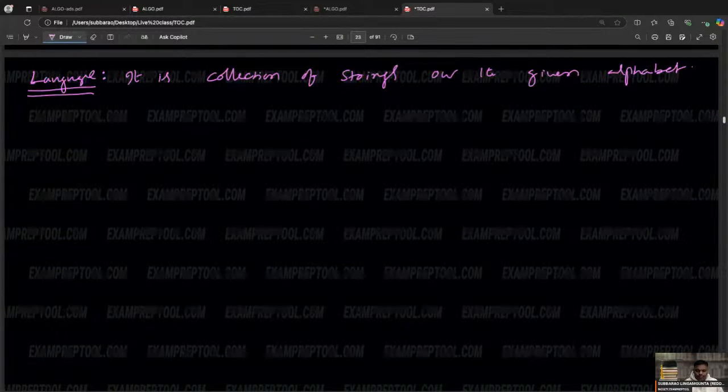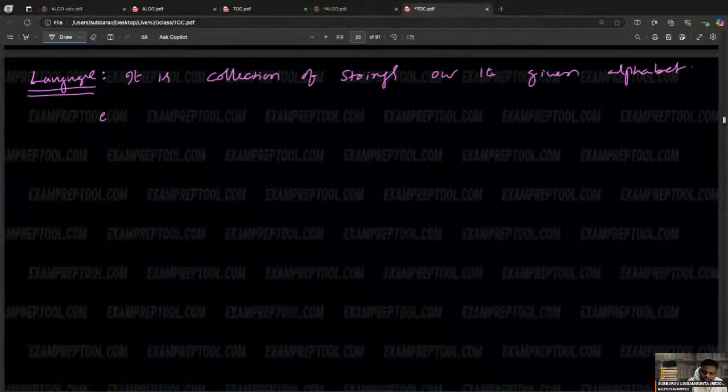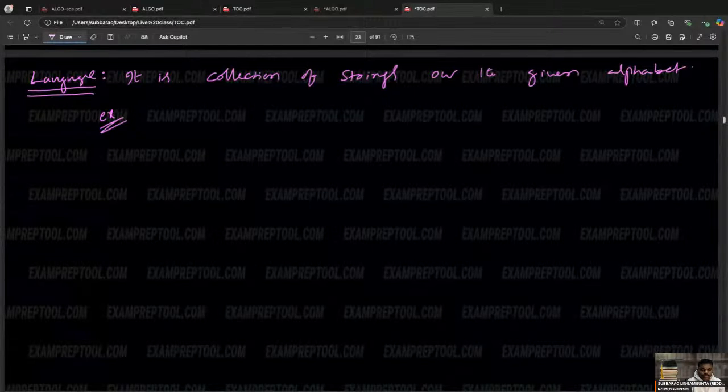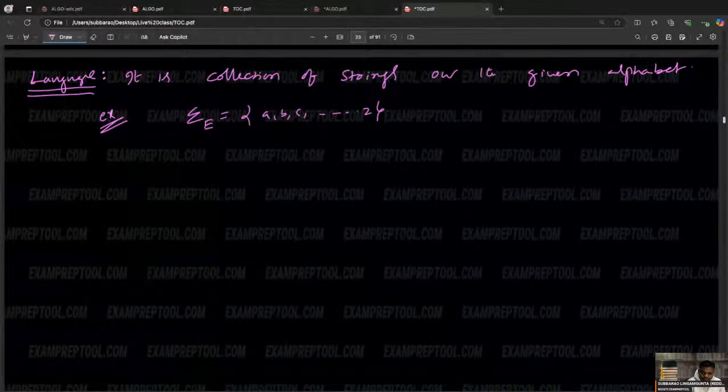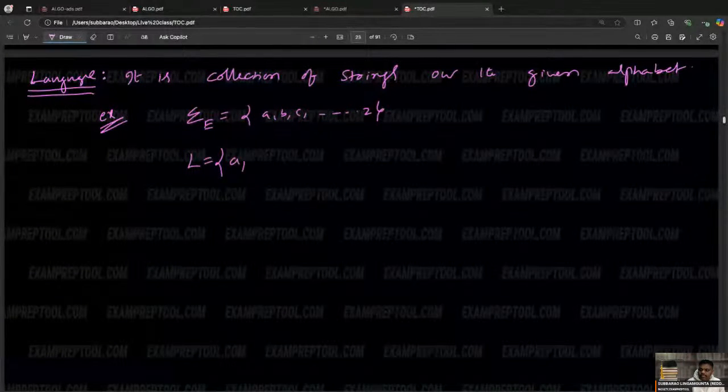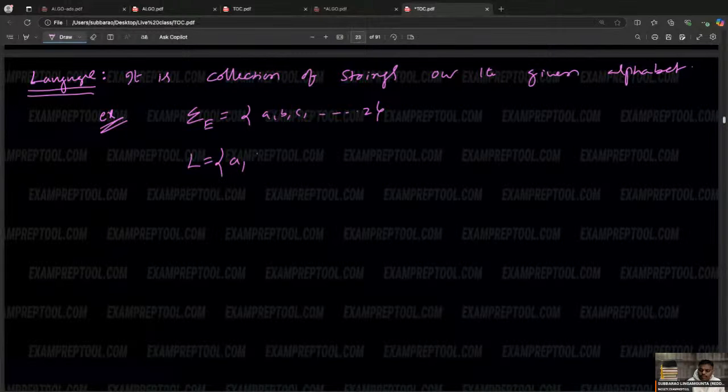I think everyone is fine. Let me take some examples so you will get the clarity. Sigma English is A, B, C, and so on up to Z. If you take the language over this alphabet, language is the collection of strings. So A is one string, B is one string, C is one string, and so on.